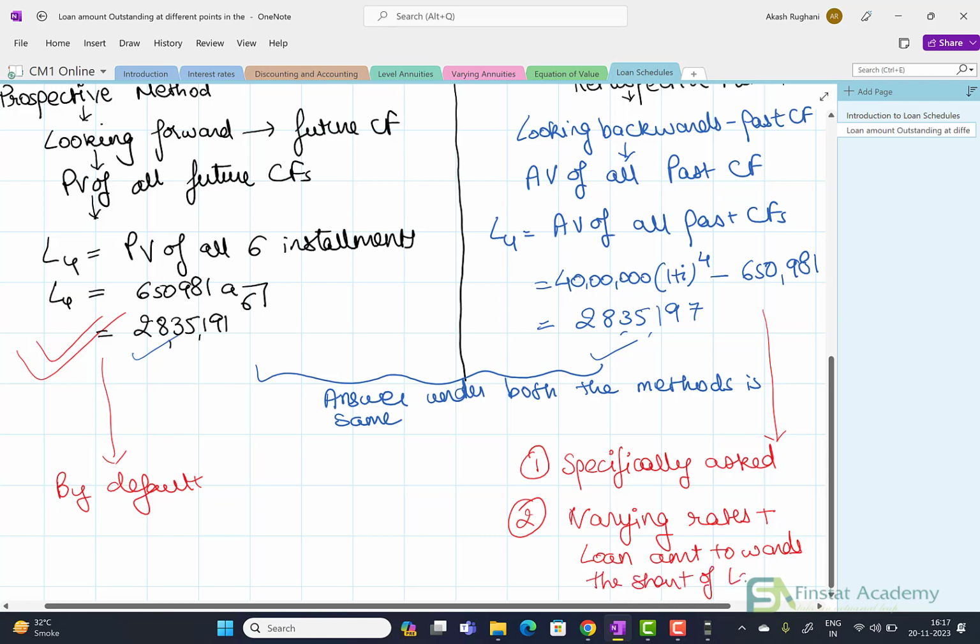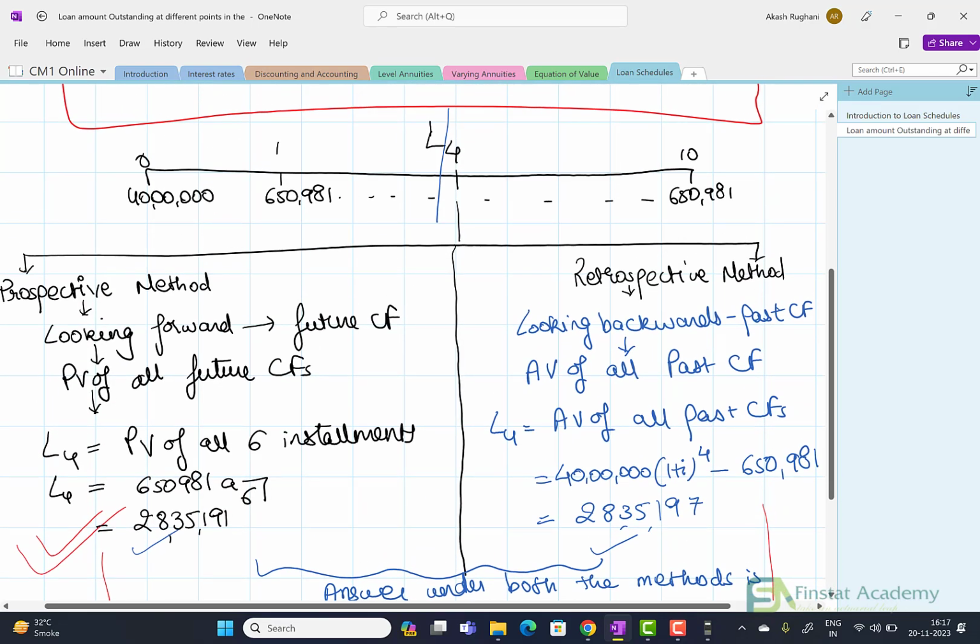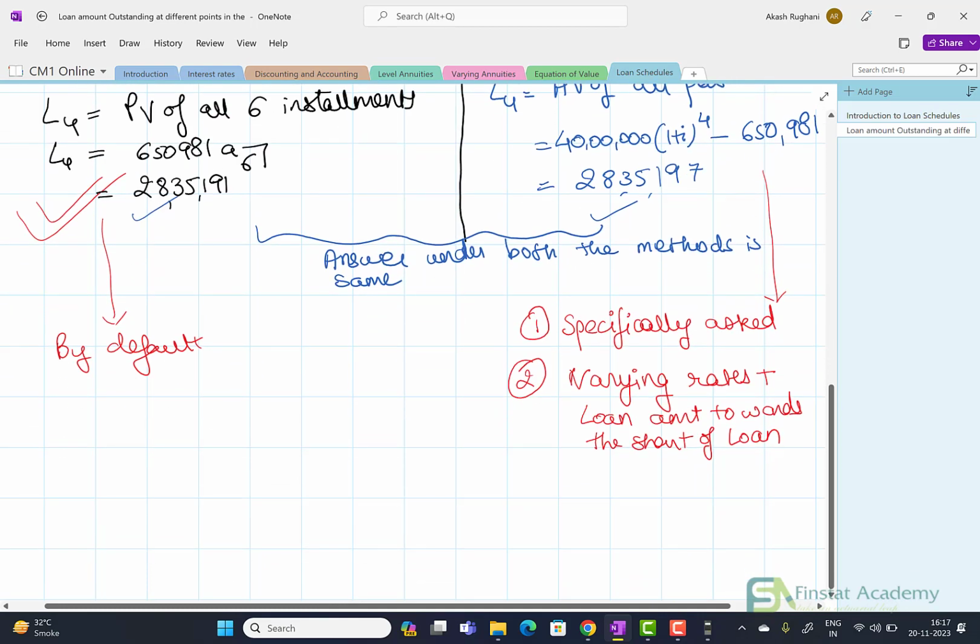I'll give you an example. Let's take this same example. Let's say here I have been told that 0 to 5 it is 10%, and 5 to 10 it is 11%. So you have different rates, right?